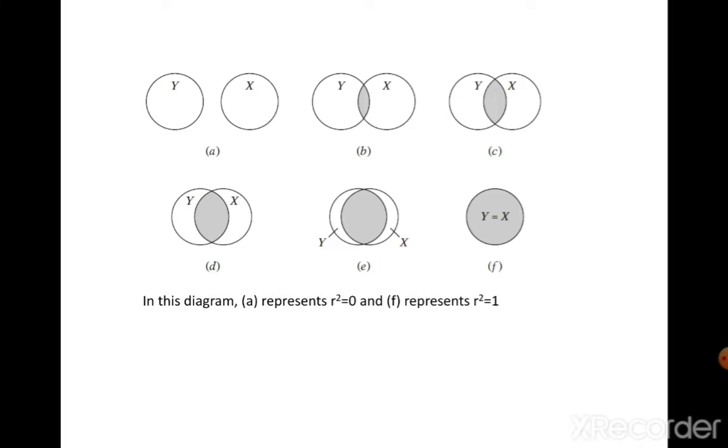So this r square is nothing but a numerical measure of the extent of the overlap, right? So as the overlap increases, as the area of intersection between x and y increases, my r square value is also increasing, right? So now we can actually derive the formula for r square.